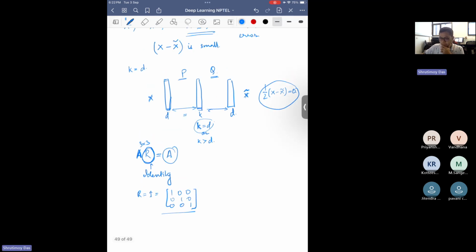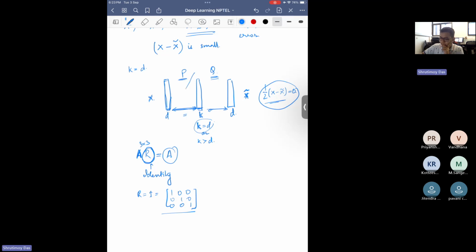Now using this, can you say what might be a problem if we do this? You have some input layer here, you keep the encoding dimension the same, and you have some output here, and x and x prime are such that their loss is 0. These two are exactly equal. So what might be a possible value for p or q?